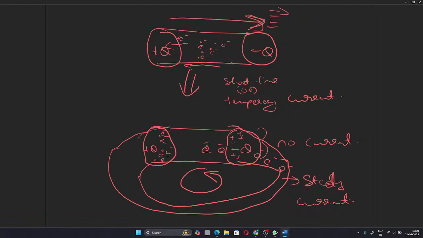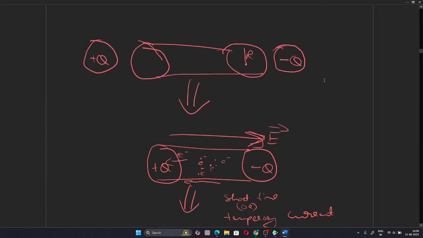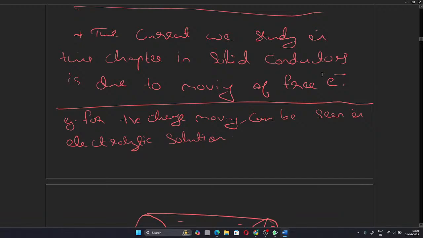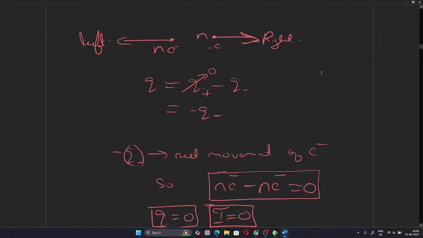But in this case, where the conductor is only a piece of a conductor, the current is a temporary current, and when all the charges are concentrated at one of the sides, the current will stop. This is for the topic electric current in a conductor. Let's see the next topic, which is Ohm's law.